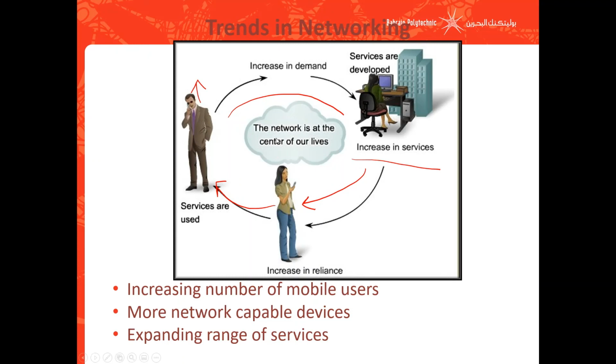I don't know if this made sense, but you have more users, more services are created, and because more services are created, people start using them and build a reliance on them. And because there's a reliance, people keep using them, and more and more services start emerging.